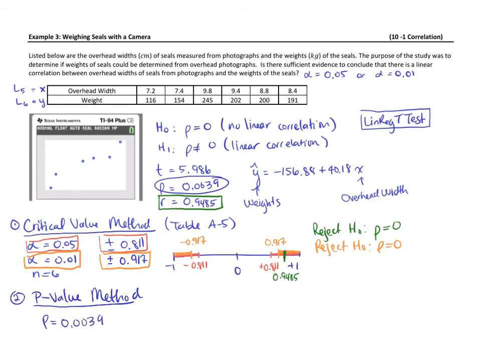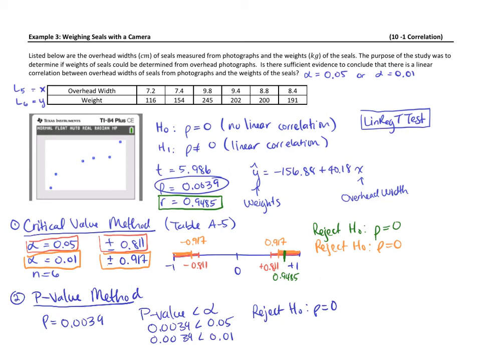At a significance level of 0.05, our p-value is still less than our significance level. 0.0039 is less than 0.05, but 0.0039 is also less than 0.01. So we would come up with the same conclusion. We would still reject the null hypothesis, okay? So again, we can say that there is sufficient evidence to support the claim of a linear correlation.